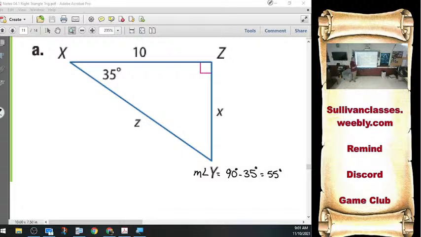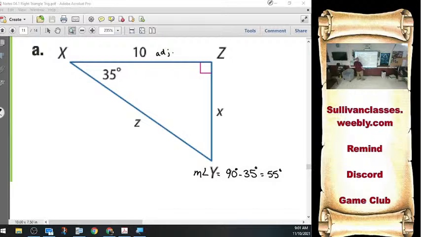Also, if I have 35, 10 is adjacent. What is x? Opposite. What uses opposite and adjacent? Tangent.